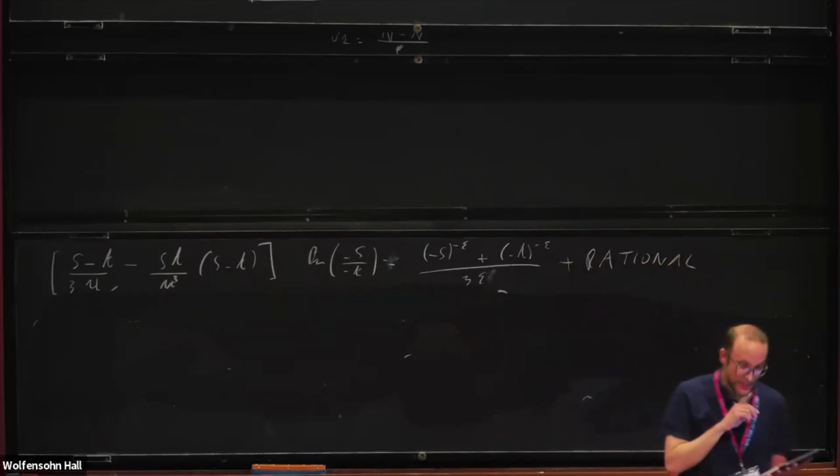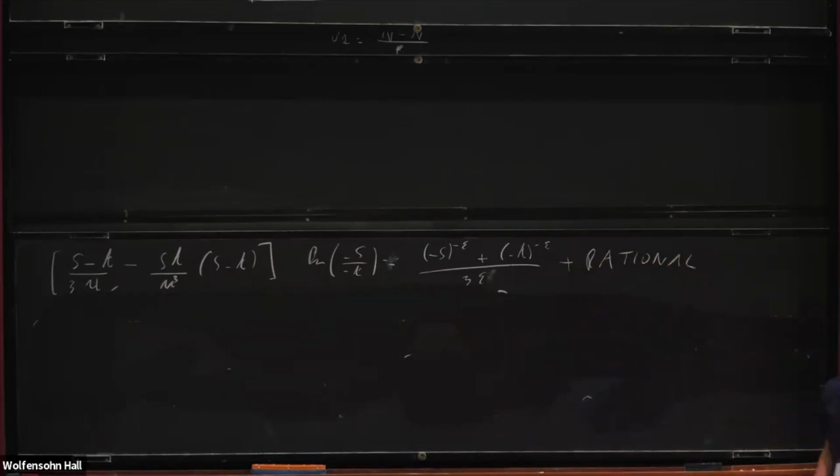But just imagine that the rational is not there. Do you see any problem? Just imagine that the rational is 0. We just made a calculation mistake, and this thing is 0. What happens? Which kind of singularities would you like an amplitude to have?